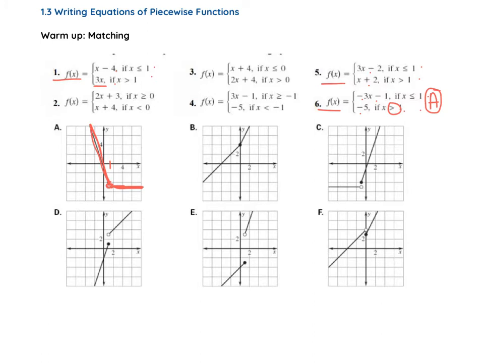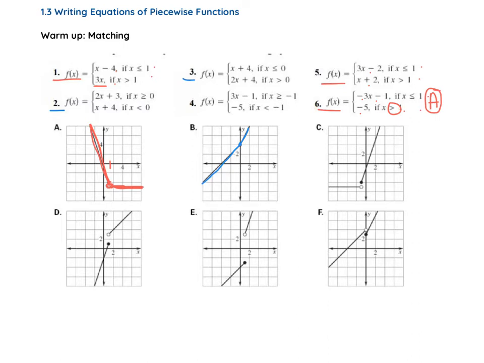Let's look at B. For B, we have two linear functions, and where it changes is at x equals 0, right? So it's either going to be 3 or 2. Both of those are linear functions.